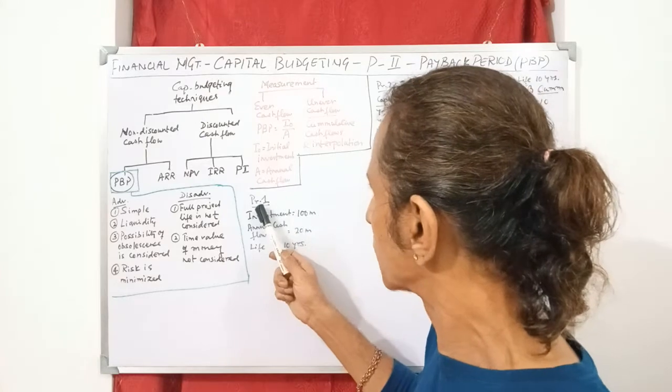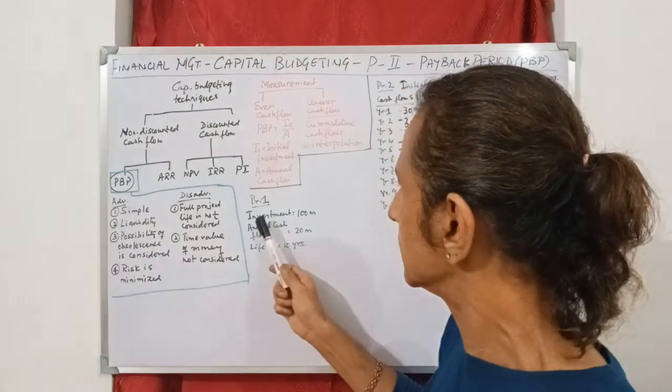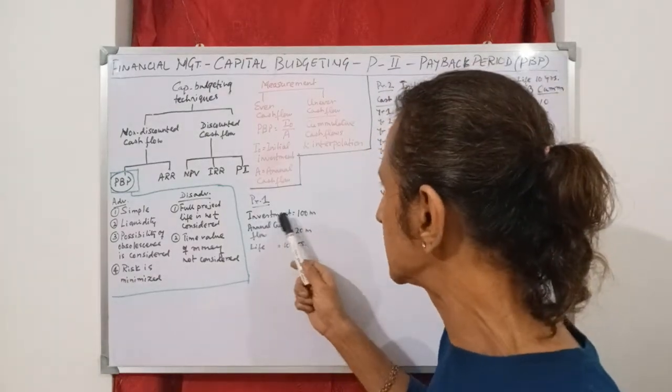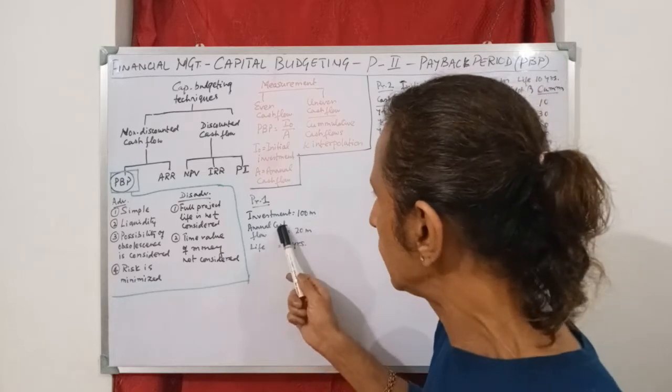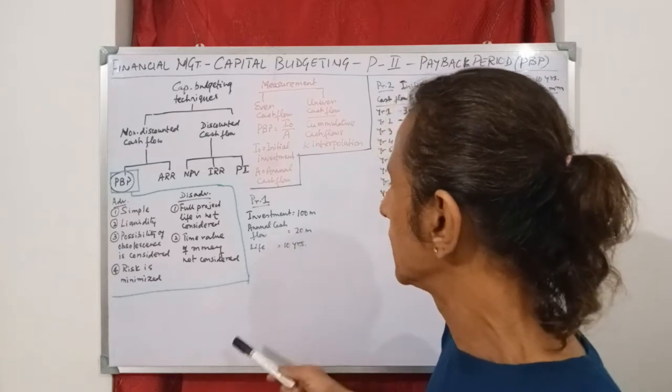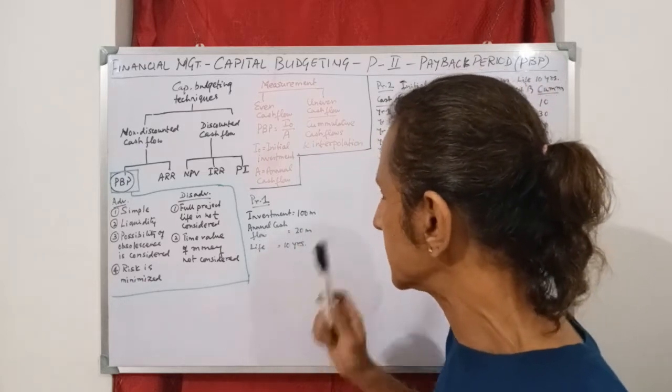Look at problem number one. Here the initial investment is 100 million, annual cash flow is 20 million, and the life of the project is 10 years.